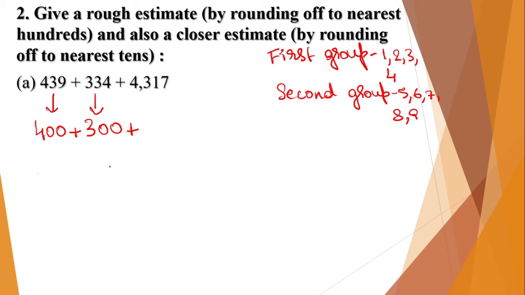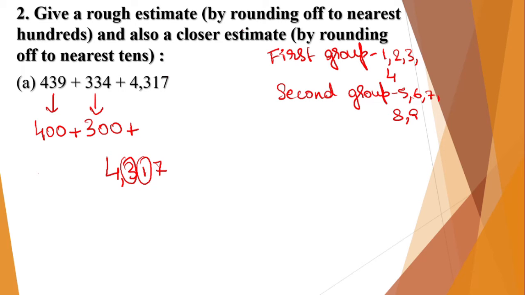Now the next number which we have is 4317. Now here we should circle 3 because it's in hundreds place, and circle 1 because it's next to 3. Now the second circled digit is 1. Now if we check 1, 1 is in the first group. So if the number is in first group, no changes for the first circled digit.